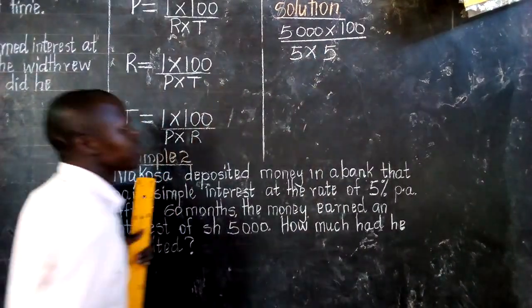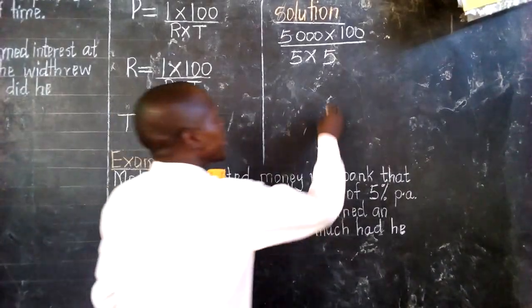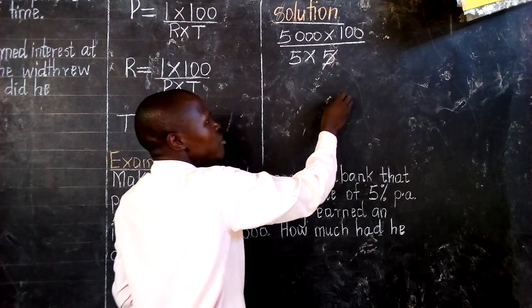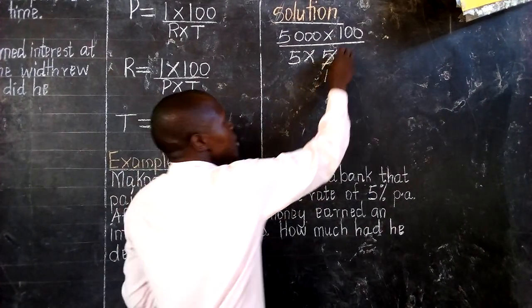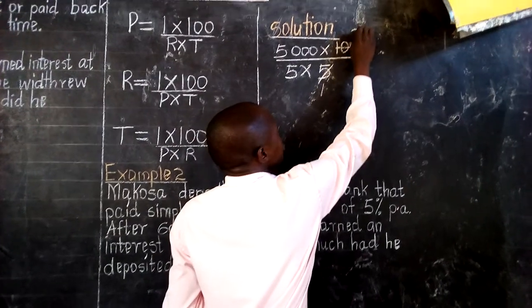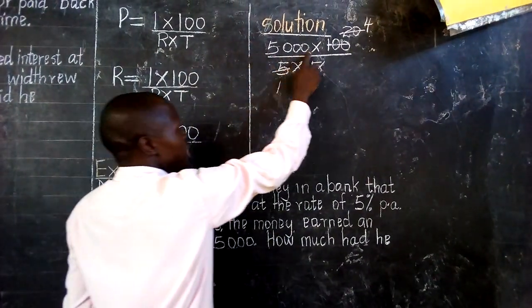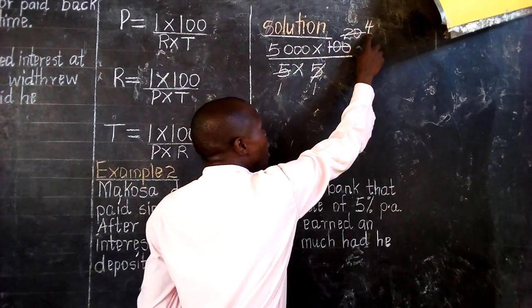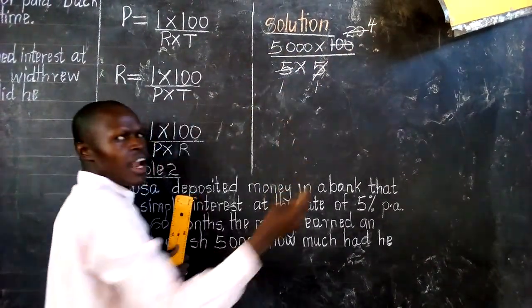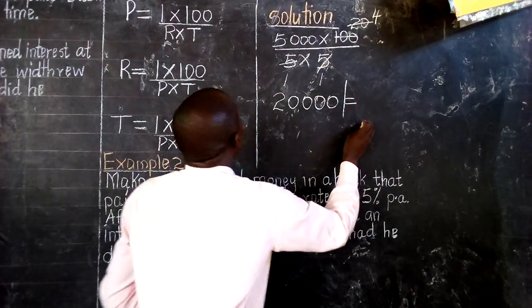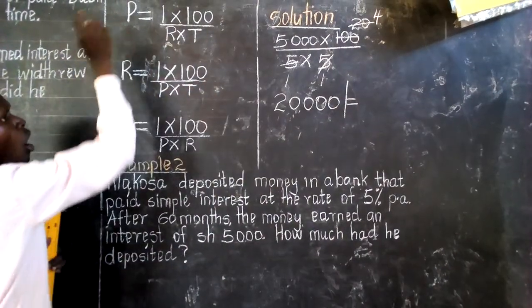That is the time. There you can cancel 5 into itself once, 5 into 100, 20 times 5,000. 4 times 5, learner. What becomes our principal?